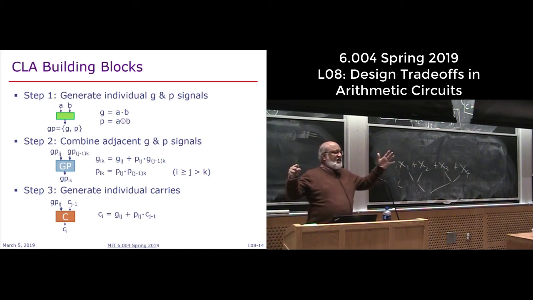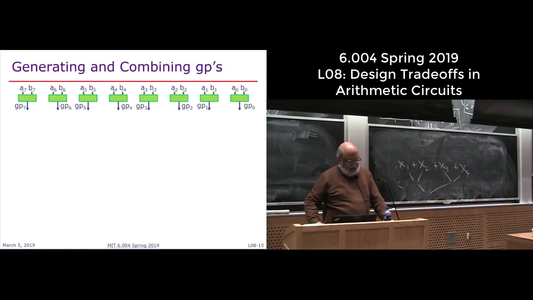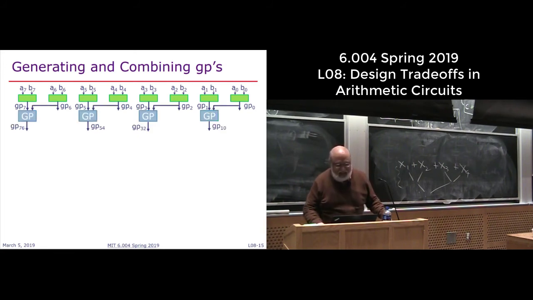Okay, that's the whole idea behind doing these propagates, and now you can actually see it over there. Can everybody compute these green boxes? So far so good? Now I'm going to introduce GP boxes.